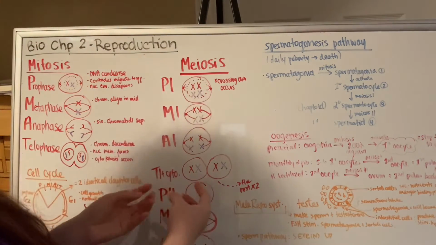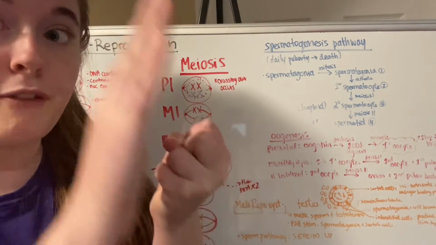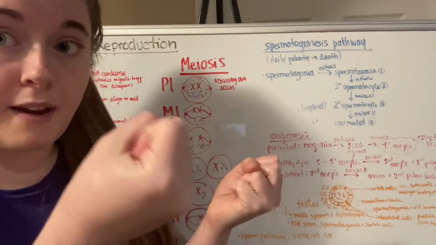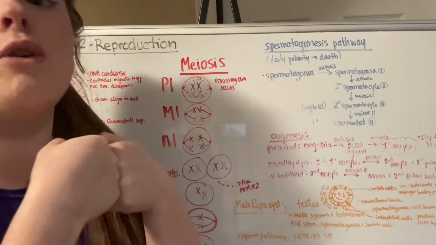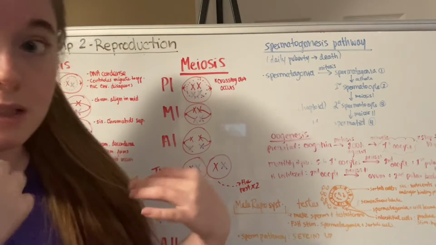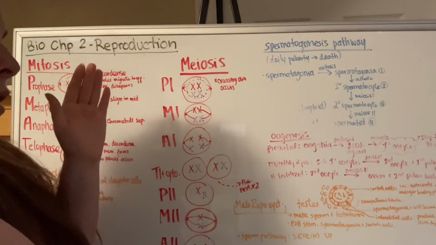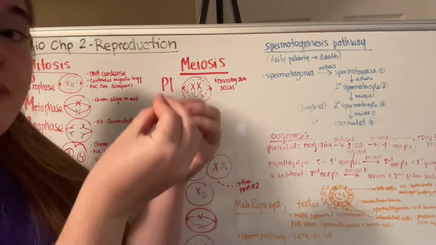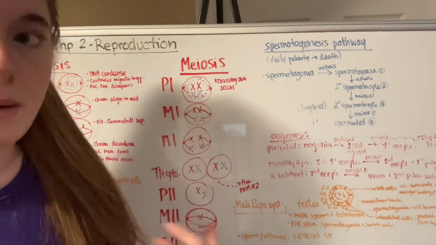If you had an egg cell with a copy of everything from the mom and the dad, and a sperm cell with all the chromosomes from a mom and a dad, and you put them together, you'd have way too many chromosomes for humans. So we need to reduce the number of chromosomes in these gametes, so that when they come together, they're able to form a full human.